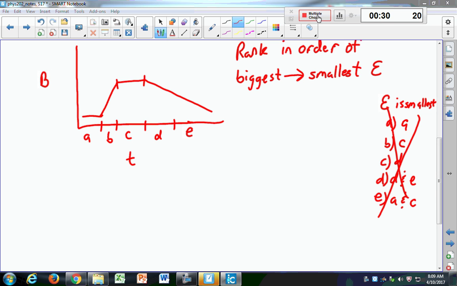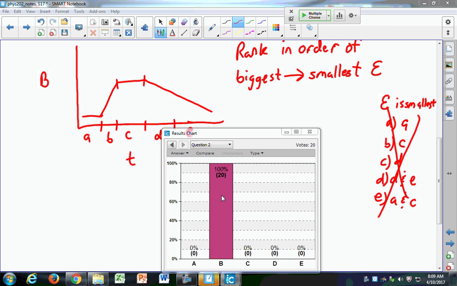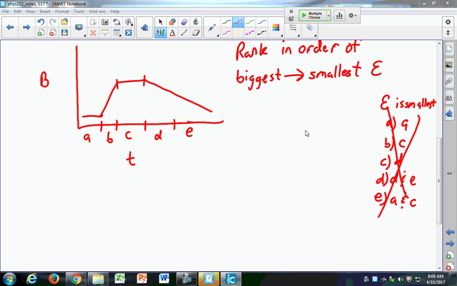All right, let's stop at 35. All right, awesome. Okay, good. B is right. It's the biggest at B, because the slope of that B versus t graph is largest. We saw that before with position versus time graphs, that the velocity is biggest when the slope is the biggest. Same idea here.